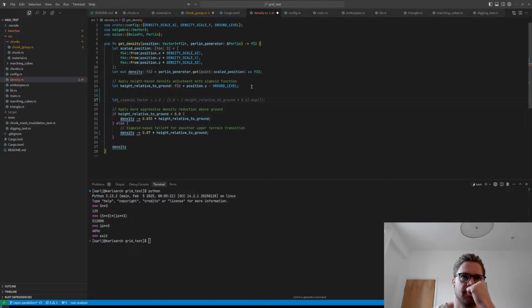So maybe the sigmoid factor actually worked. Now I don't really know, what does this do?